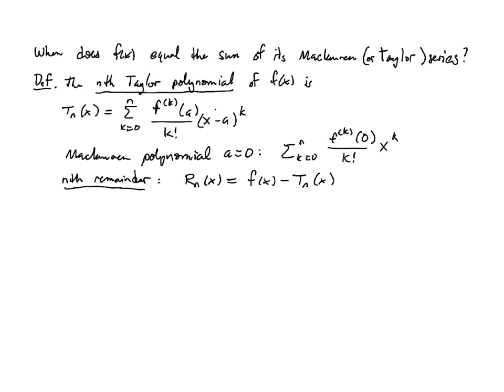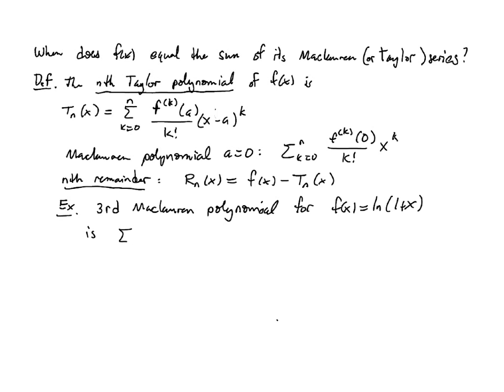Okay. So for example, if we do the third Maclaurin polynomial for the function we were playing with before, then it's just the summation k equals 0 to 3 of those coefficients that we had, negative 1 to the k, let's see, k minus 1 over k times x to the k.